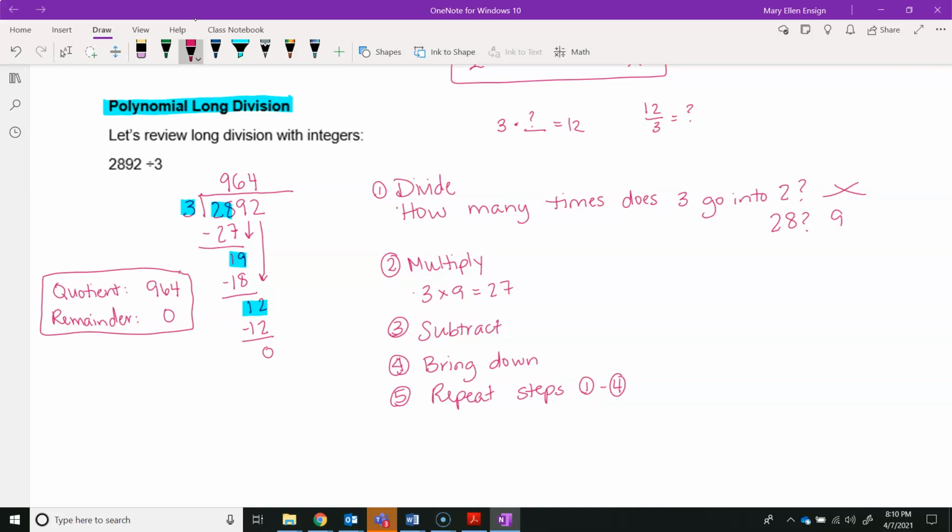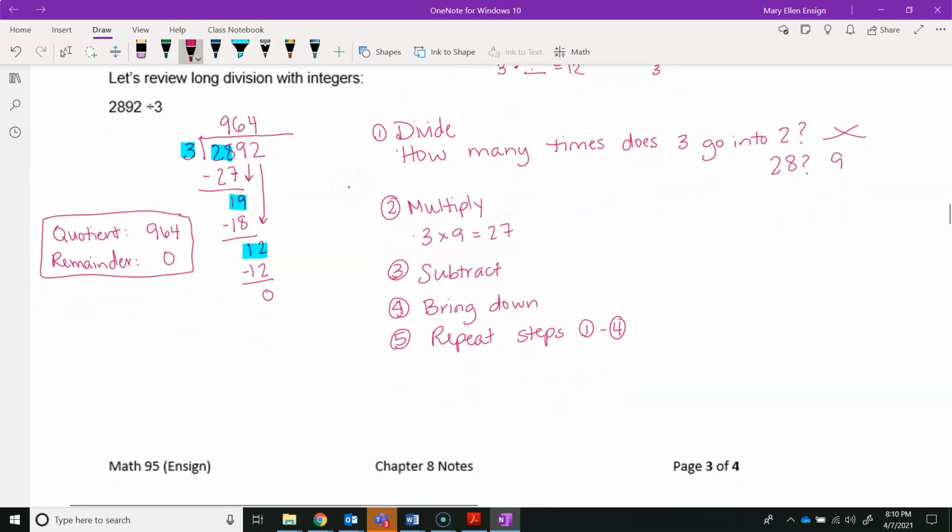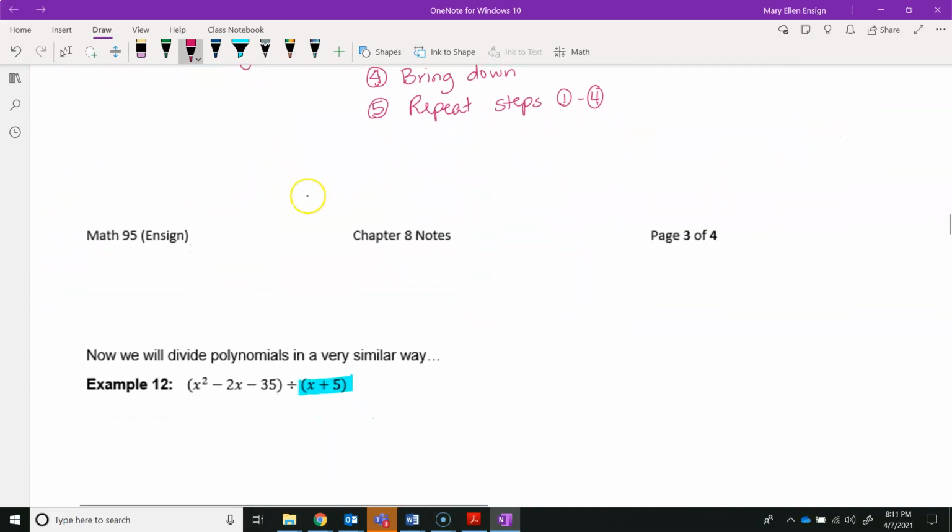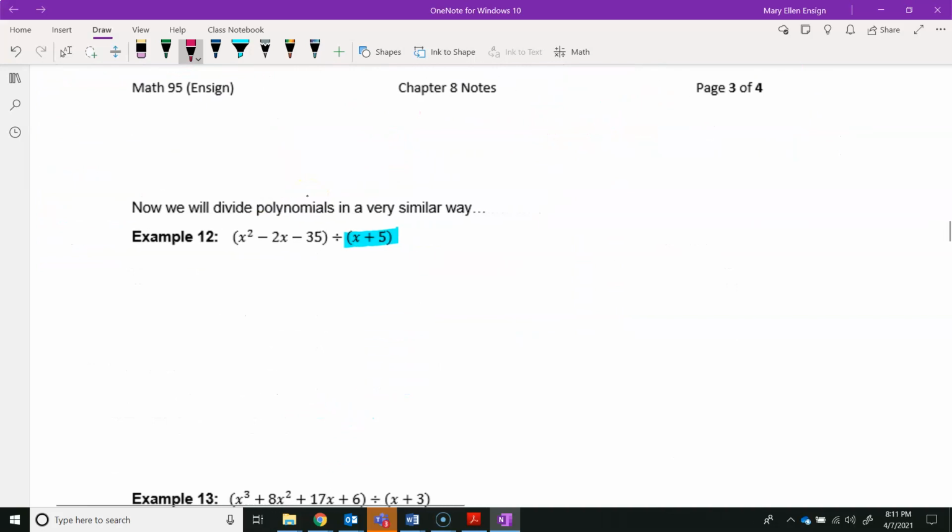All right, so we're going to think about that process, and that's what we're going to use when we do our polynomial long division. Okay, we're going to divide, we're going to multiply, we're going to subtract, we're going to bring down. So let's look at our polynomials now.